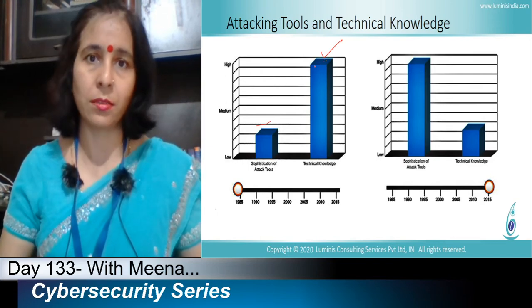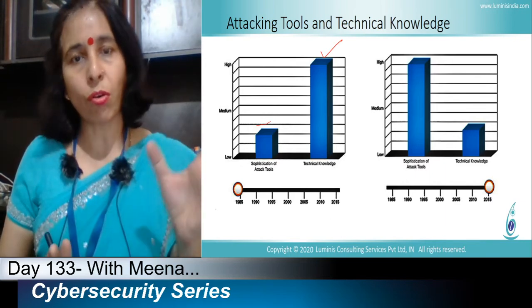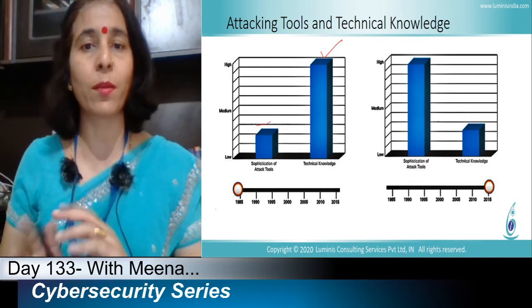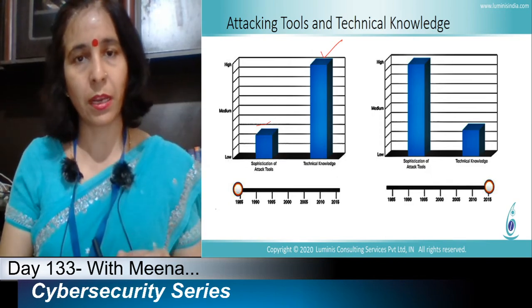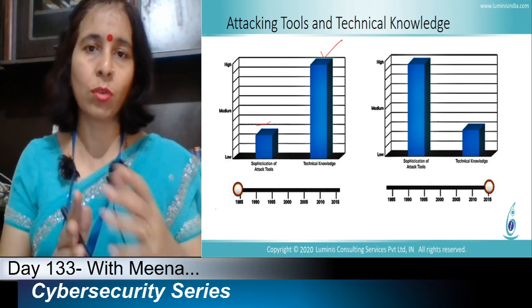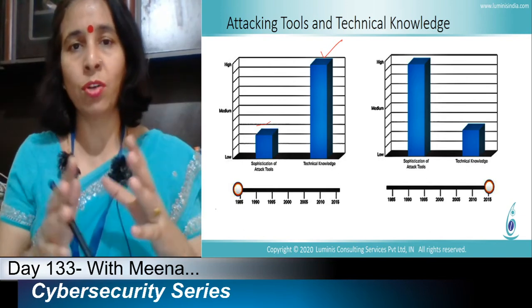But nowadays the sophistication of attacks has increased. Many professionals and cyber criminals have already created so many tools, so to perform attacks using those tools, not much knowledge is needed.